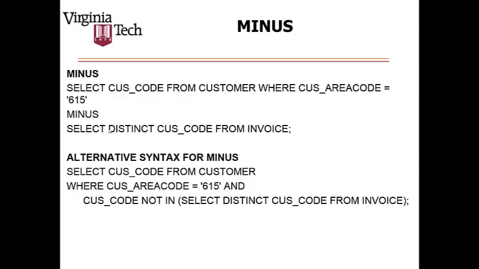These queries return a set of rows that go across both pieces of the query, and that's why the semicolon is at the end of both of them. This would tell us if we have any people from that area that have never placed an invoice. Again, I'd stick with the alternate syntax for this one too, probably.